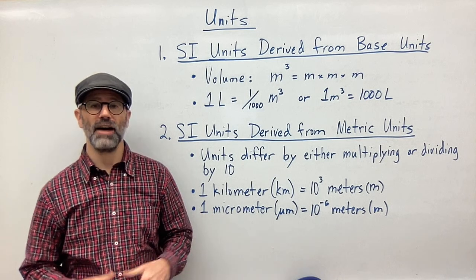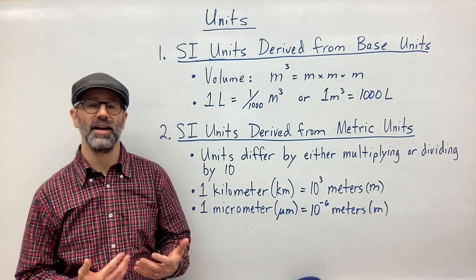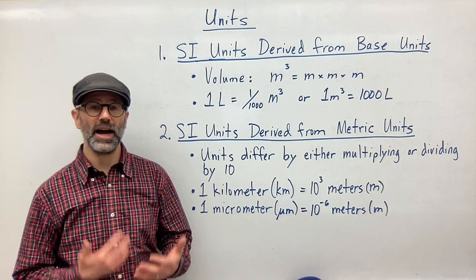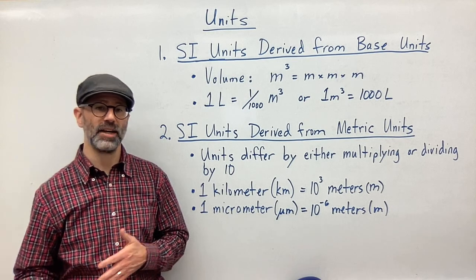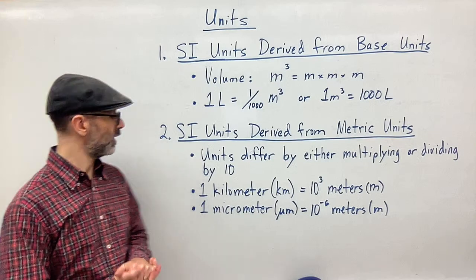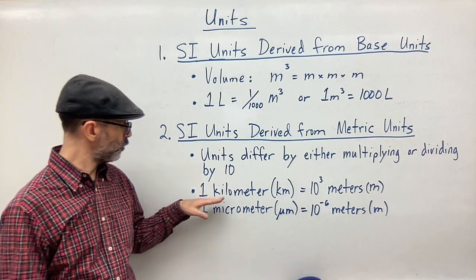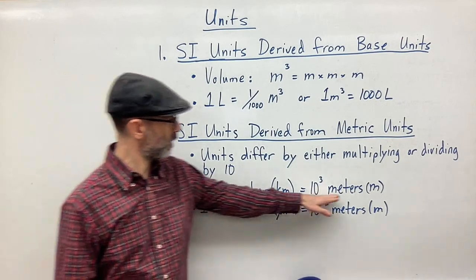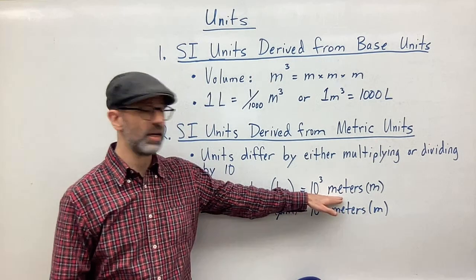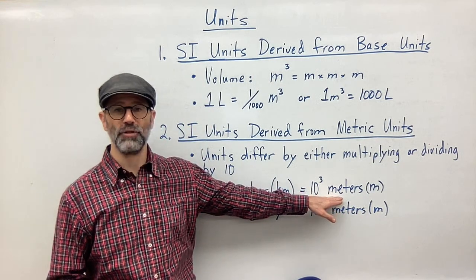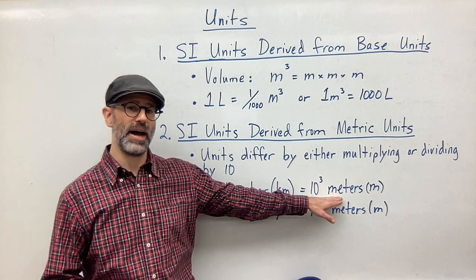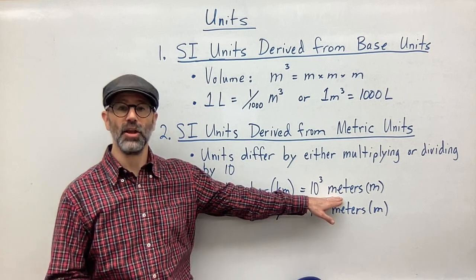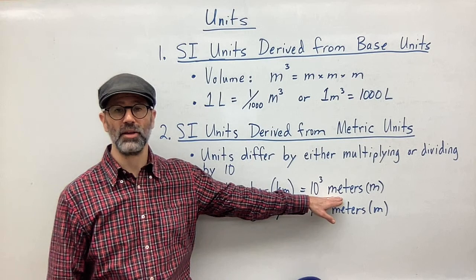And we use prefixes to indicate by which factor you have either divided or multiplied. So if you have a meter, meter is the base unit, and we can either multiply or divide that unit by a factor of 10 to get the other unit that's derived from the base unit.